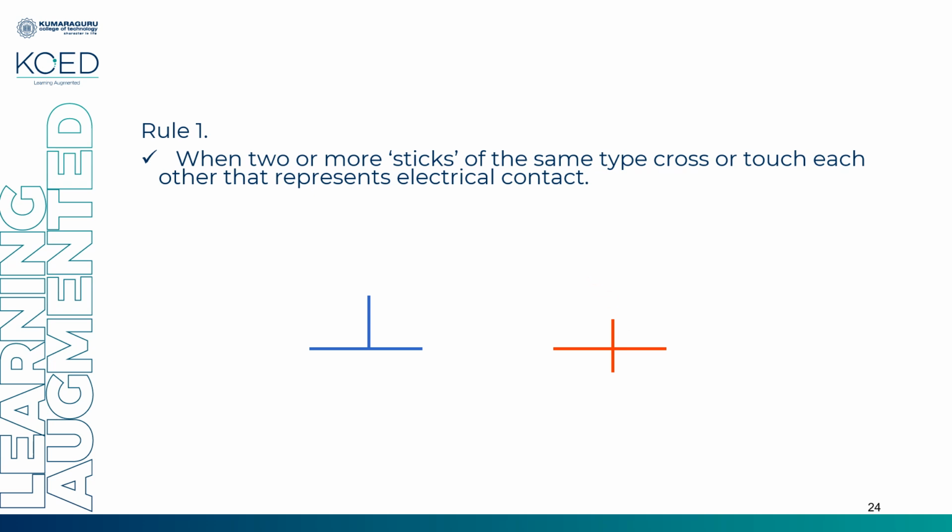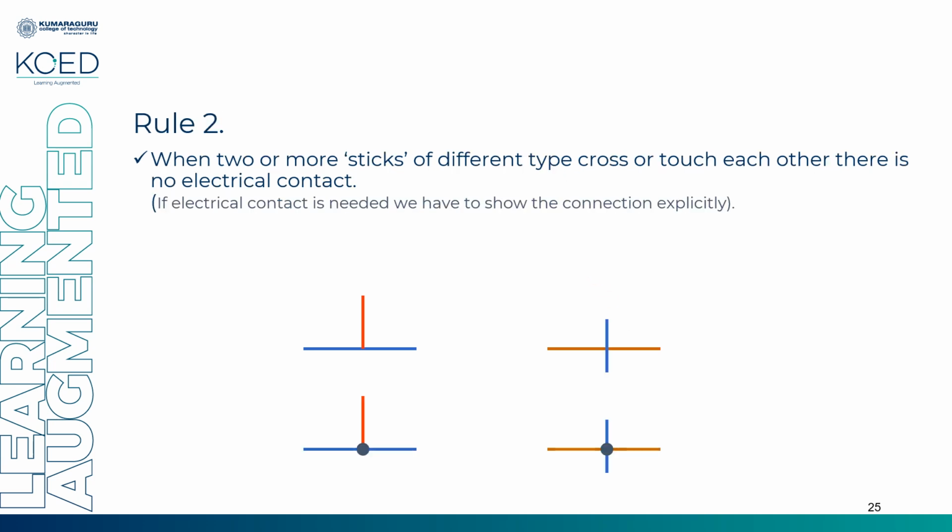When two or more sticks of different layers, different type, here poly and metal, cross, then there is no electrical contact. If you want an electrical contact, mark it with a dot. Just use stick encoding to establish the electrical connection there.